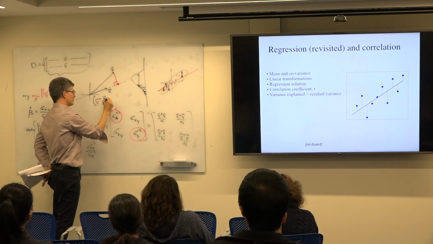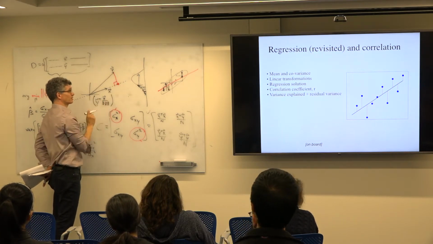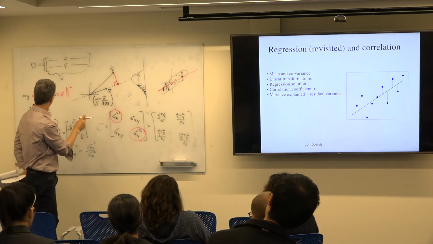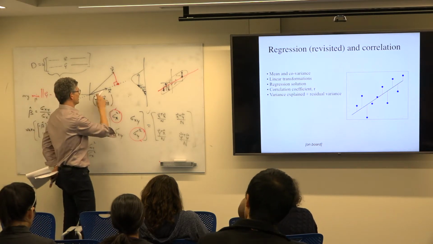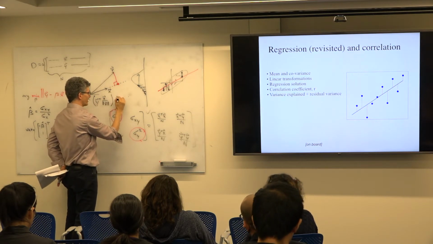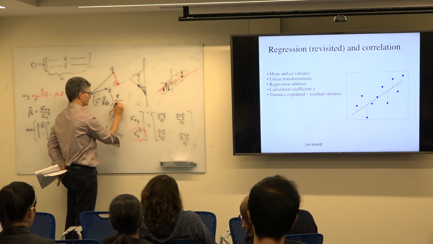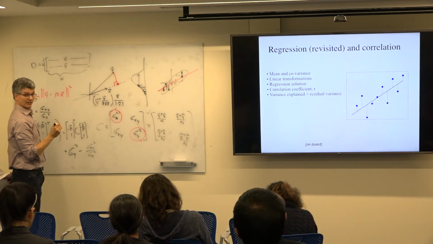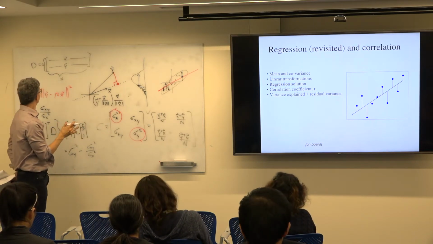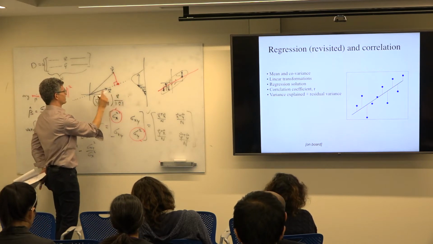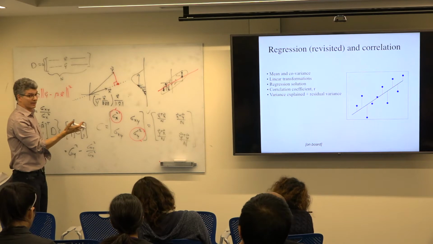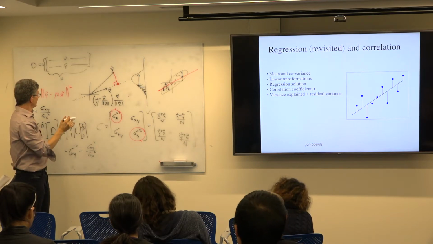And now I take that number and I multiply it by the unit vector x. So I multiply it by x over its length, like that. And this is beta times x, or beta hat times x. It's the best we can possibly do, right?